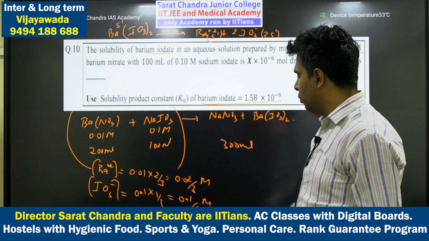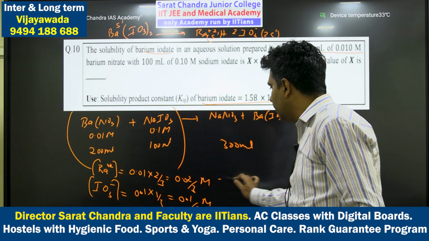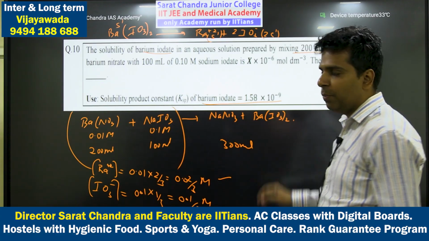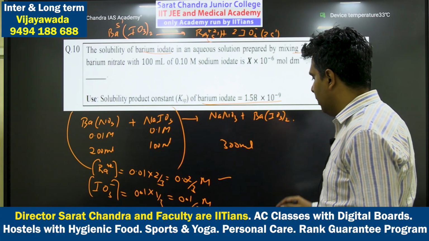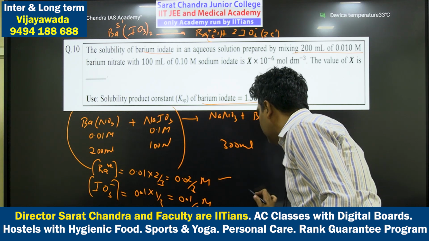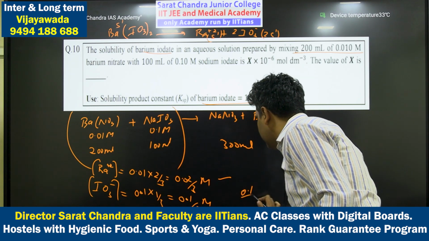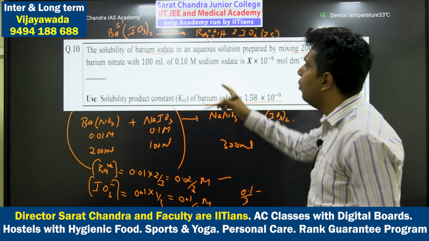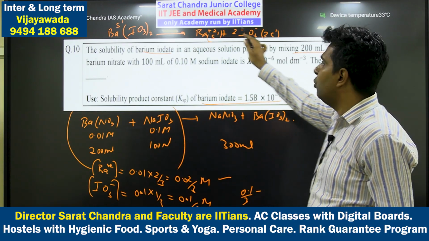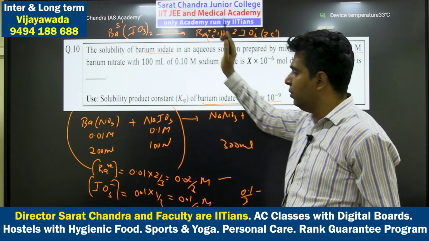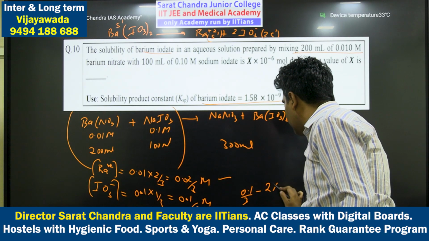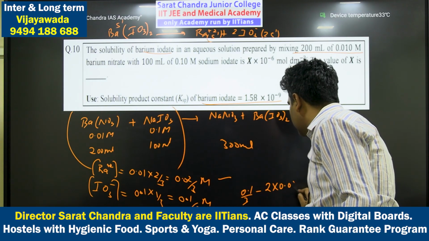So it is 0.02 by 3. That will be completely precipitating into barium iodate first of all. It will not be remaining. And iodate ion, initially it was 0.1 by 3. Now if 1 mole of barium ion is precipitating, then 2 moles of iodate ion will be consumed for this. So number of moles of iodate ion consumed will be 2 into 0.02 by 3.